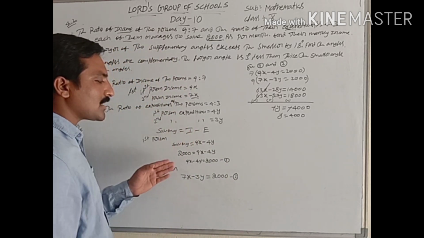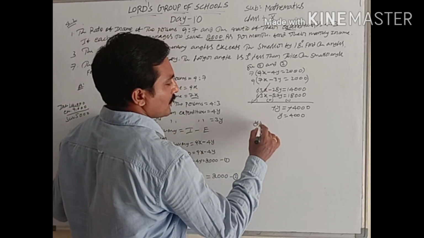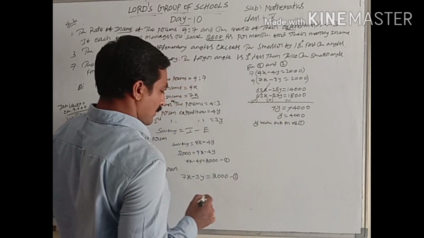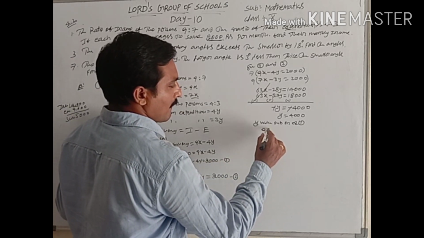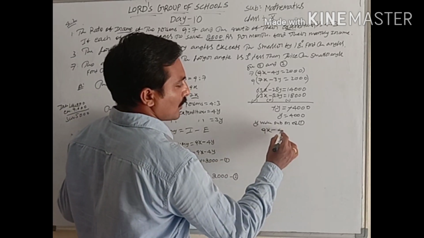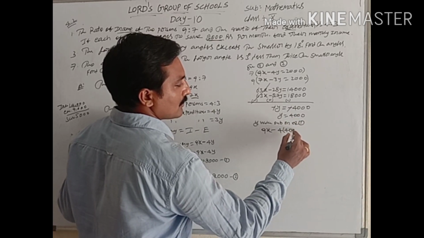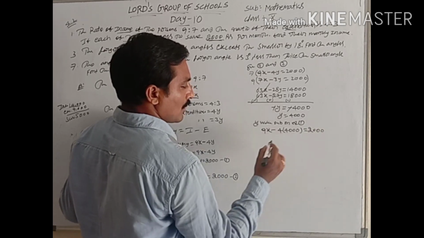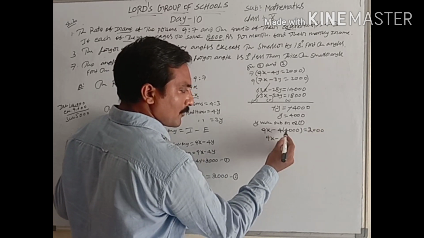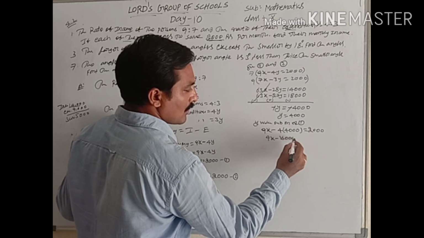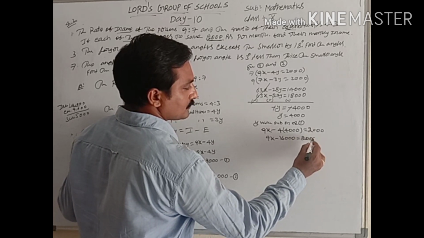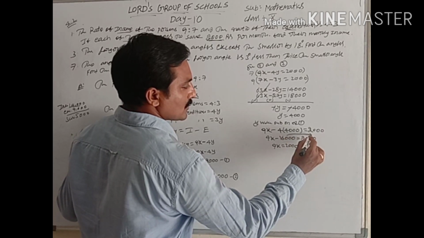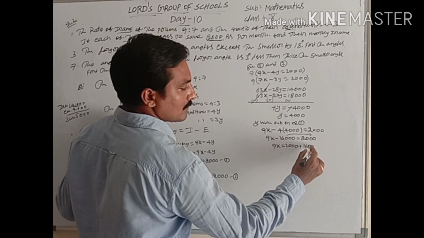Now I will substitute in equation 1. 9x minus 4 times y, 4,000, is equal to 2,000. 9x minus 4 4s are 16,000 is equal to 2,000. 9x is equal to 2,000 plus 16,000.